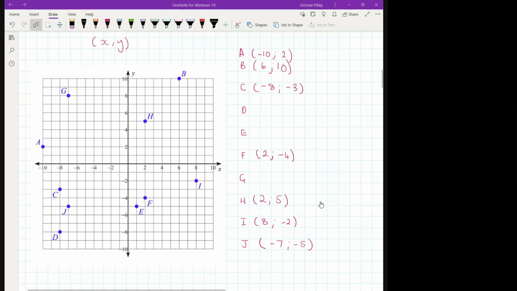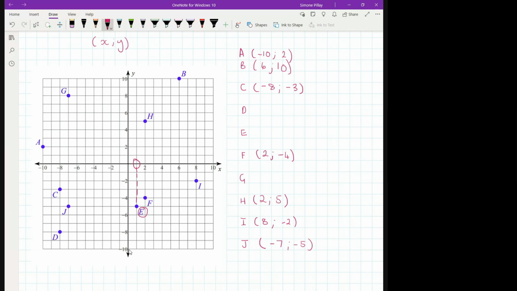Thank you, Shady. Thank you, ma'am. Hey, Emithle, you are next. Which one would you like to do? Ma'am, I would like to do number E, ma'am. Okay, let's go. So we have E over here. So our x value is going to be negative 1, ma'am.